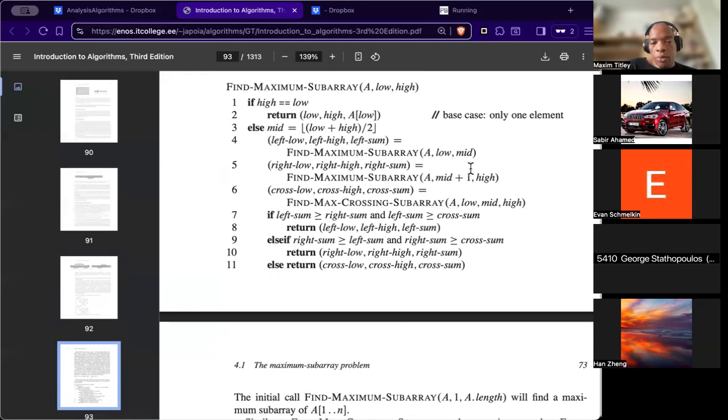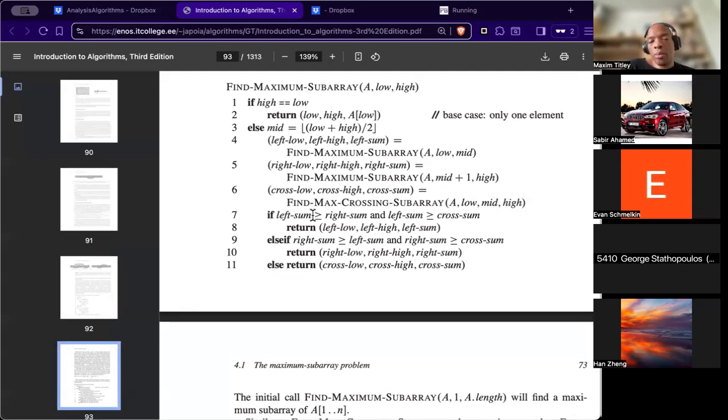You have the right-hand side looking to find the maximum subarray. And then here with cross-low, cross-high, and cross-sum, this was the third part that we did. So now you're finding the max crossing subarray. We've done that just now. That was the big part.